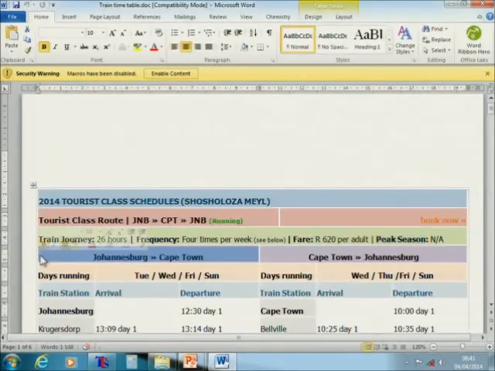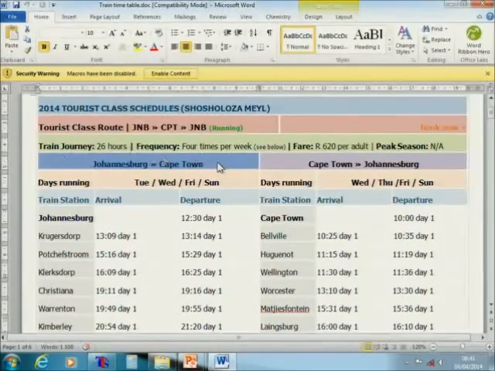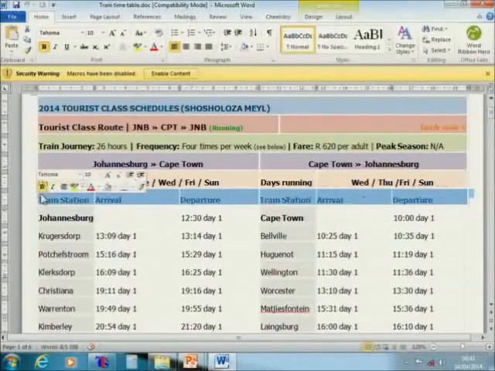When we go to the 4th row, our schedule shows us that this is the column for our times from Johannesburg to Cape Town, and this one on the right-hand side is from Cape Town to Johannesburg. This row mainly tells us about the train station: when is the train going to arrive, and when is it going to depart in Johannesburg?